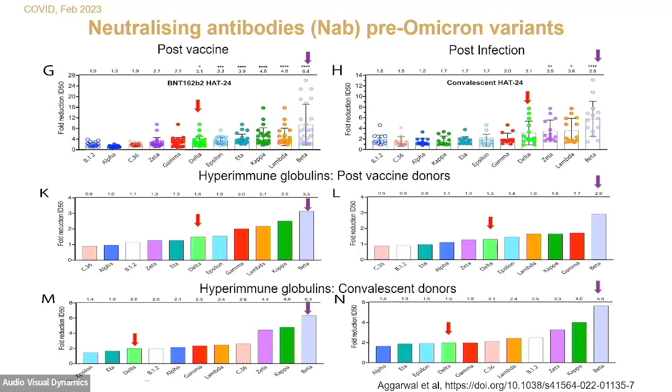In fact, the most immunoevasive of those variants of concern was Beta, with reduced neutralization capacity by about 3 to 5-fold relative to the ancestral variants. And in fact, Delta had very little immunoevasive properties at all.